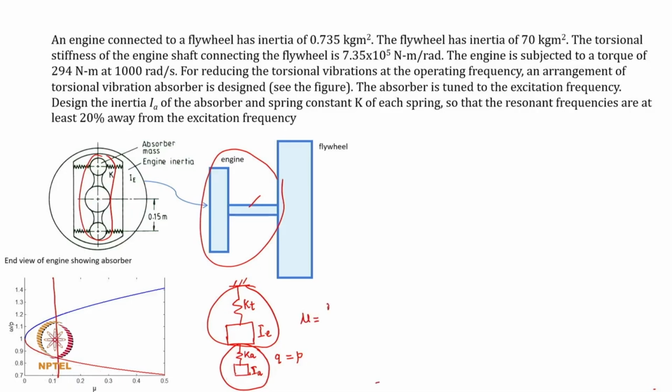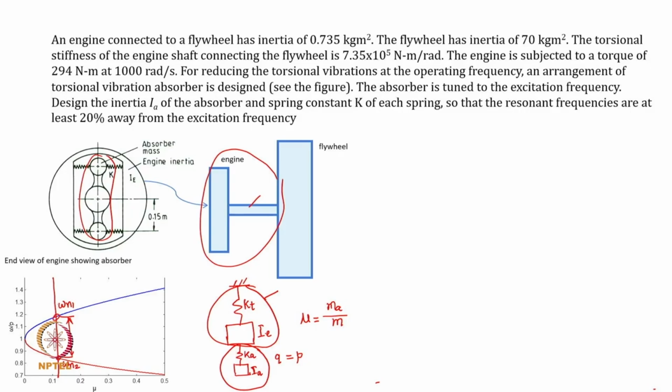So, the mass of the absorber upon the mass of the parent system, this mass ratio actually decides how much will be the difference in the two new natural frequencies, because once we attach this auxiliary system, two new natural frequencies appear instead of only one corresponding to the primary system, and these two natural frequencies omega n1 and omega n2 will be separated by some frequency.